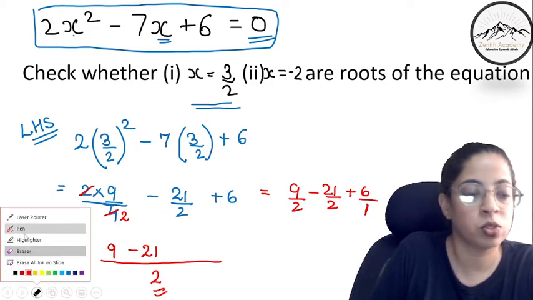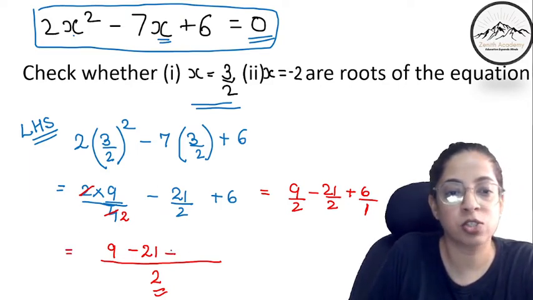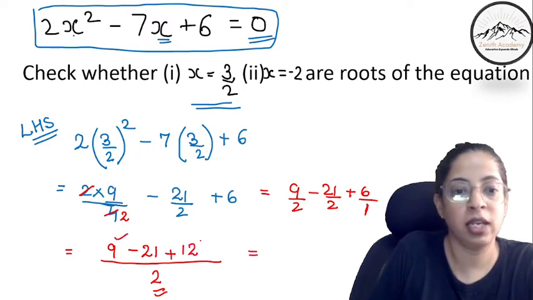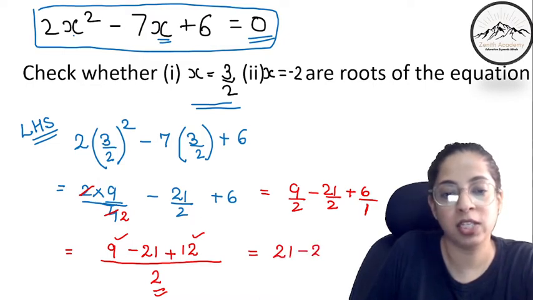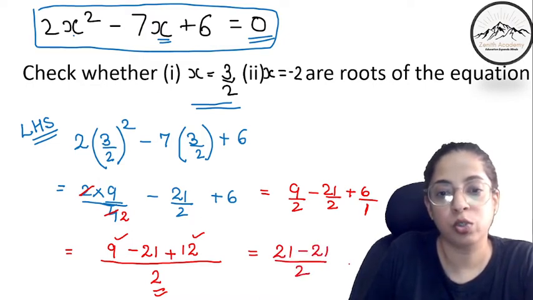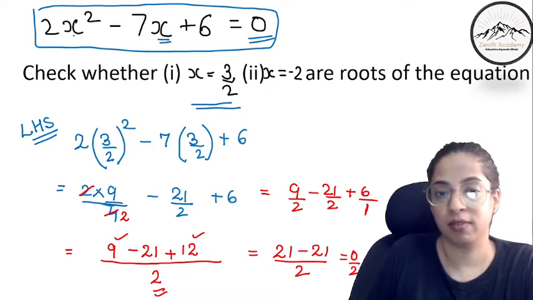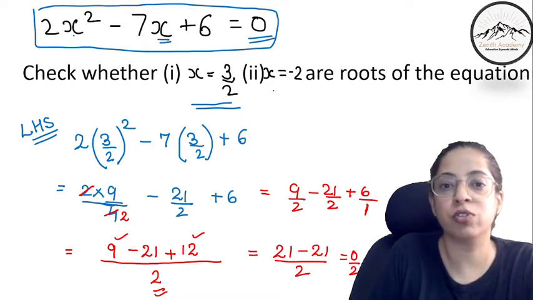So here we get 6 2s are 12. Now 9 plus 12 is 21. 21 minus 21 by 2. So it is 0 by 2, which is equal to 0 itself.